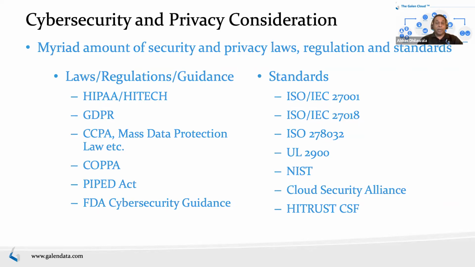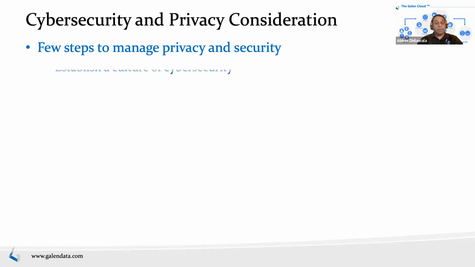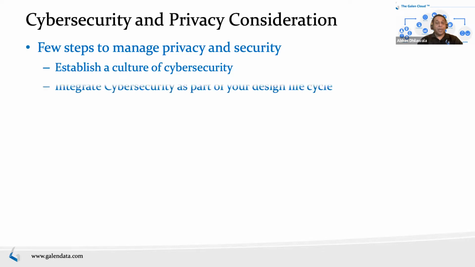So what do we do? Well, there are a few steps we can take to manage privacy and security that work across all these standards and regulatory requirements. These are not comprehensive, but these are the main three things I want to talk about. That gives you a very good framework on which to build the cybersecurity and privacy aspects of your connected devices. So first thing I want to talk about is culture. Why is culture important, and what does it do in terms of cybersecurity?